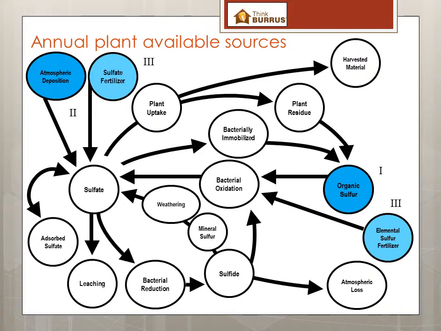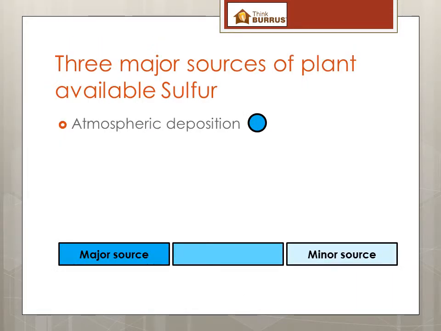We referenced this, and I'm going to reference it again. When you look at the major sources of plant available sulfur, I really break down those sources in this priority. Organic forms of sulfur represent the primary source of plant available sulfur to the plant. That's followed by atmospheric deposition, and that is followed by fertilizer.